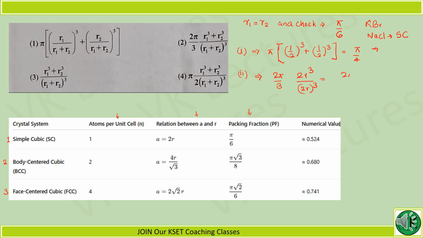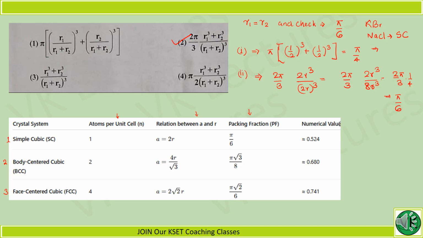So 2 pi by 3 times 2R cube divided by 8R cube. R cube gets cancelled, giving 1 by 4. So 2 pi by 3 times 1 by 4, and after cancelling you get pi by 6. So you have pi by 6, which is the packing fraction of the KBr structure. So option 2 is the correct one.